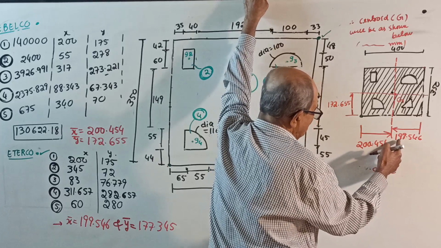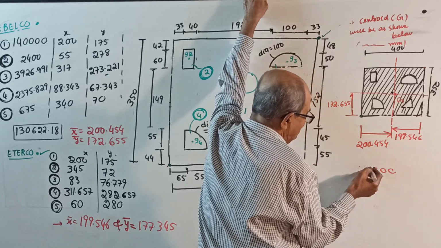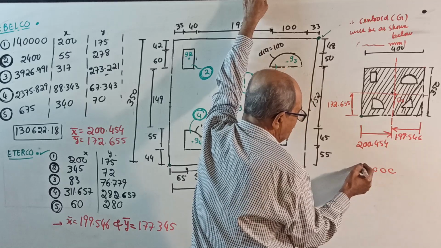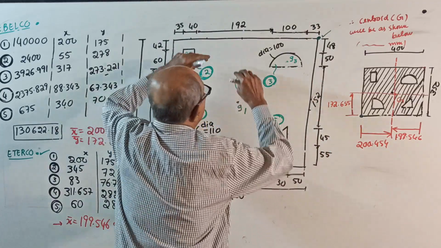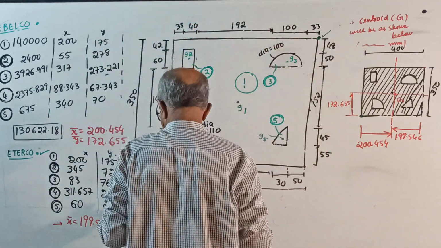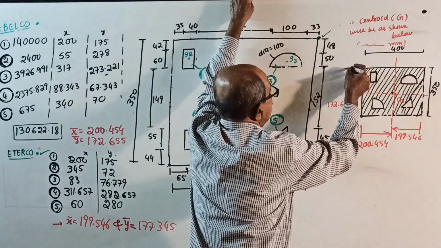So finally it becomes 1, all 0, 0, 0. Finally, 2 plus 2, 4. 400.000. Okay. Then y bar you got from that side. How much? 177.345.